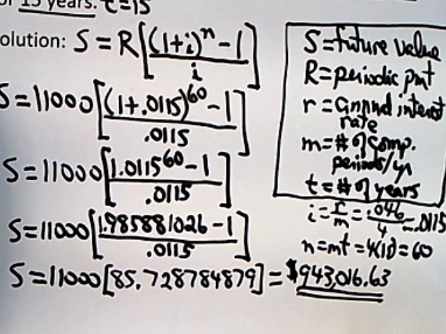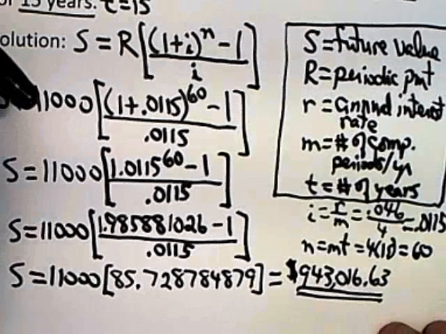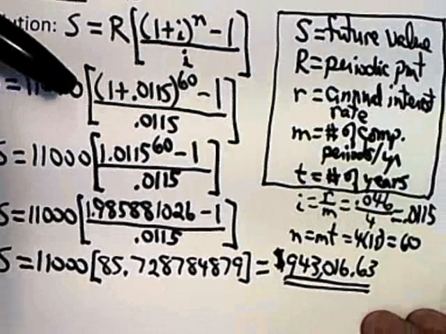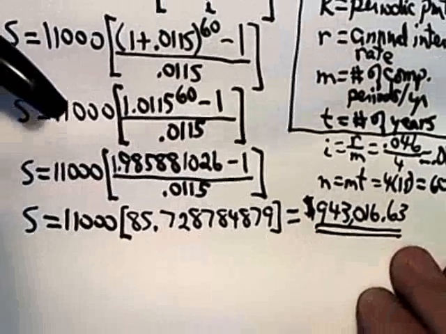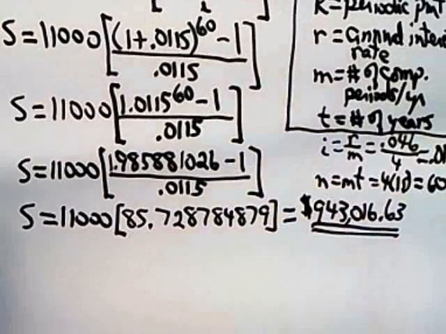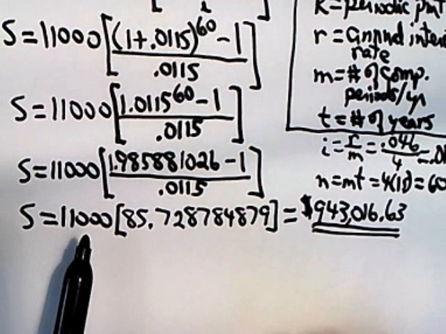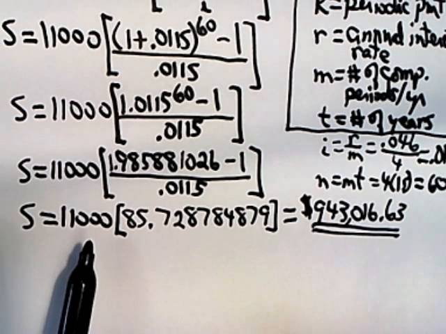It actually asked another question. It asked what part of that total amount is based on contributions versus how much is interest. That's fairly simple to do because the contributions is how much this person actually put into the account themselves. Periodic payment is the amount you put in, in this case, each quarter.